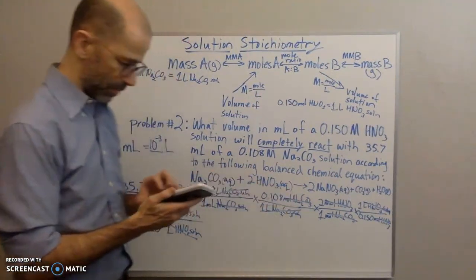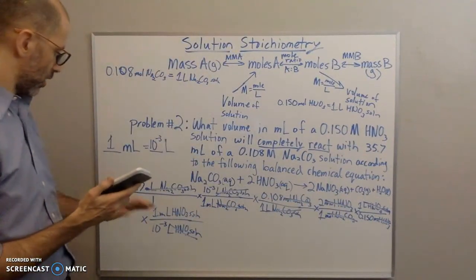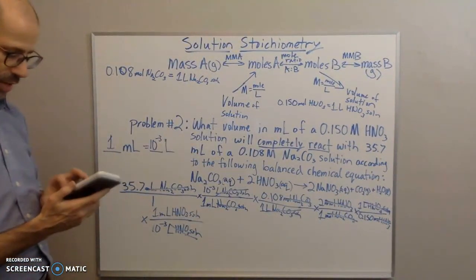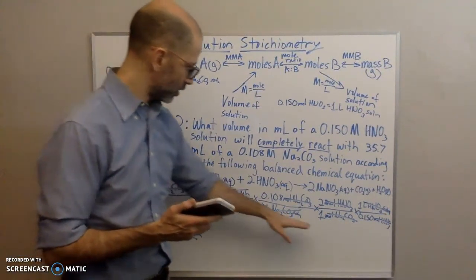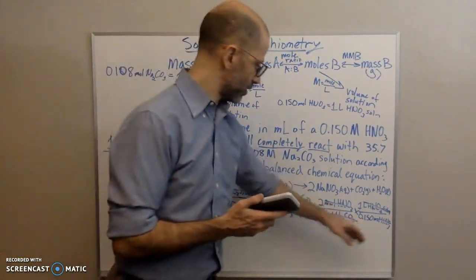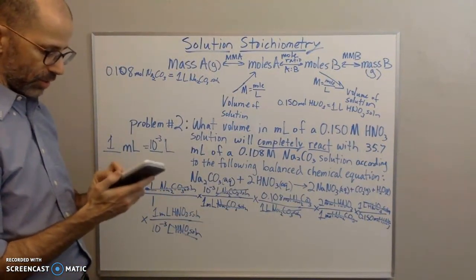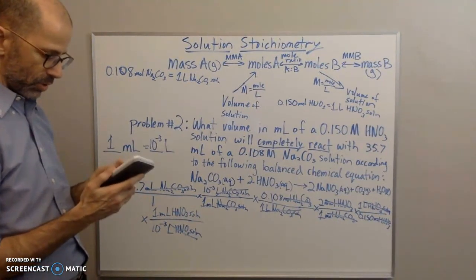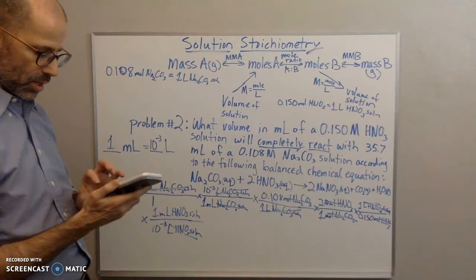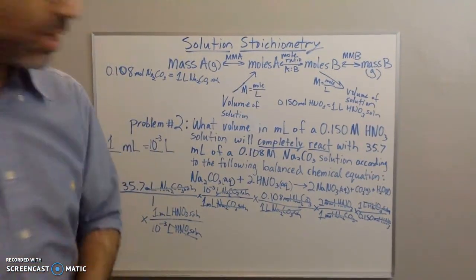Okay, multiply that by 2. And then I got a 1 there, and I got a 1 here. So now I'm going to divide by the bottom: 0.150 divided by 1 times 10 to the negative 3 equals, and I get 51.